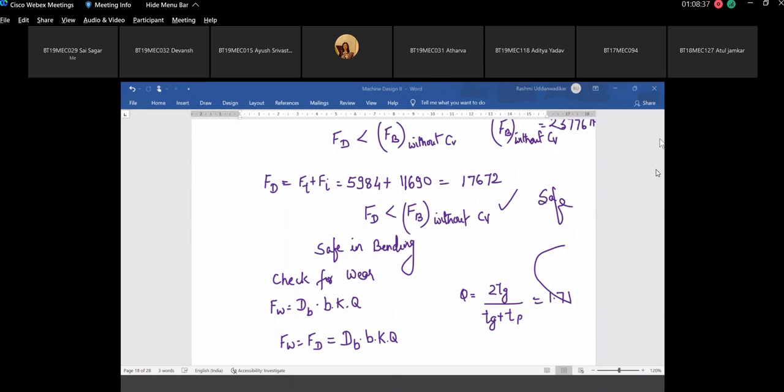Brinell hardness number, yeah. But since you don't know the Brinell hardness number, how do you get the value of K? And so we are going with this way, FW equal to FD. The value of FD is known, dP is known, B is known, Q is known, give me the value of K.